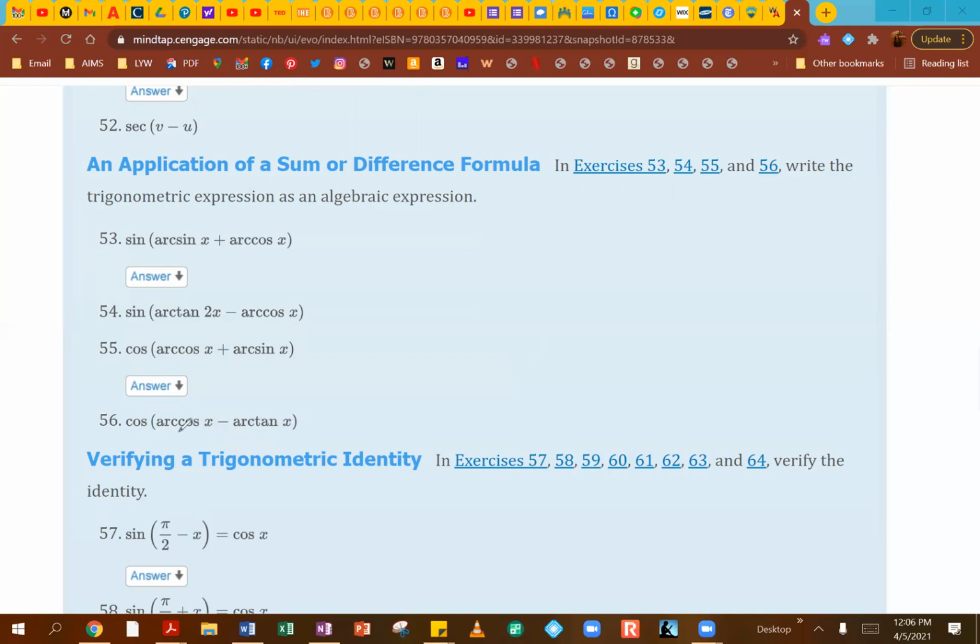So obviously they want us to write this in terms of algebraic functions instead of trig functions. So let's take a look at how we can solve something like number 56 over here. And this one also, we will need to use the right triangles to help us out. So let's go ahead and copy this over.